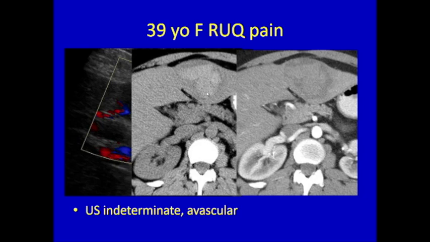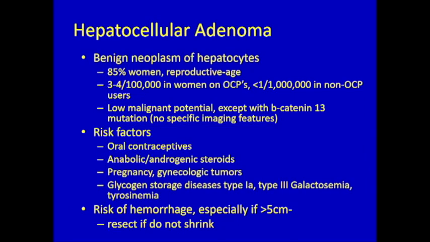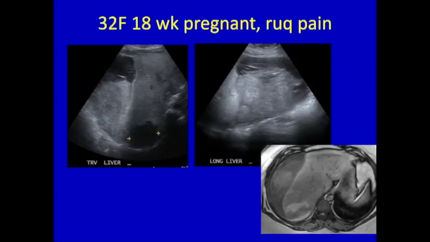So when you're thinking of bleeding lesions, not thinking about hemangiomas, really not thinking about FNH, you're thinking about adenomas. And these are our third most common benign lesions, but they are relatively rare. And they are at risk for hemorrhage if they're big. Usually the patients, we try to get them off whatever drug or enabling feature is making them grow, and sometimes they shrink on their own.